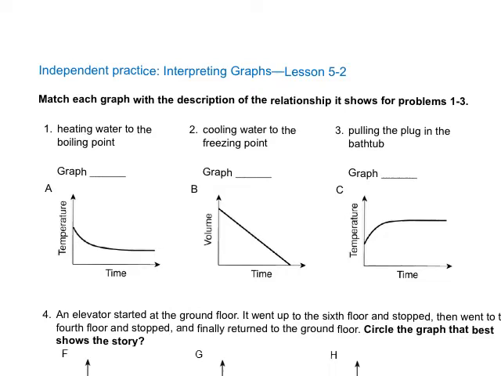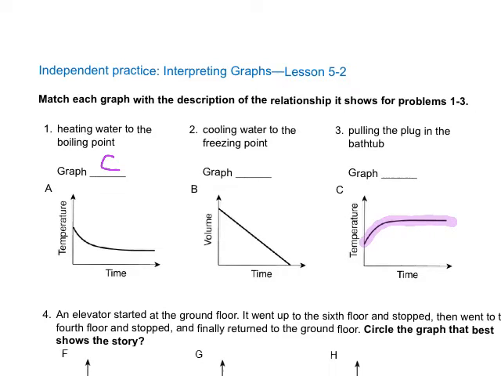So I'm going to look at my two temperature options. One of them is starting higher and coming down and remaining constant. The other is starting at a lower temperature, rising, and then remaining somewhat constant. Well, I know from science class that when water heats up to a boiling point, it can't get hotter than that boiling. It turns to steam. So graph C is going to be my best choice for illustrating heating water.